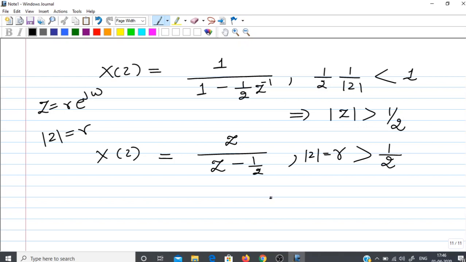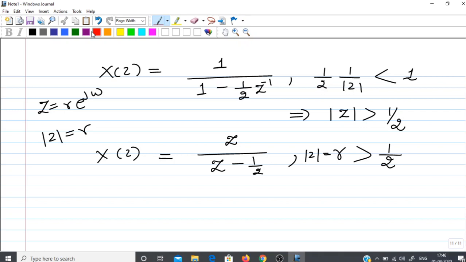Now if you would like to draw the ROC in the Z plane, how can you draw it? ROC is the range of R for which this X(z) is converging. So what is that range? That range is R strictly greater than half.